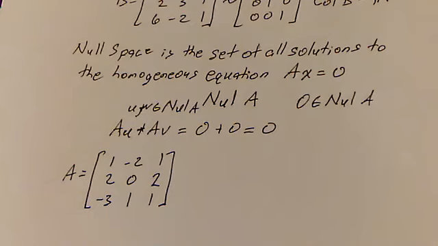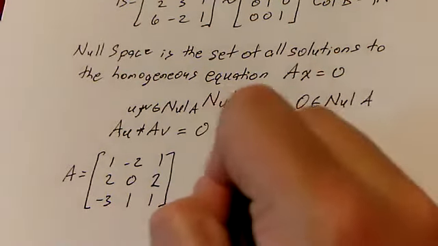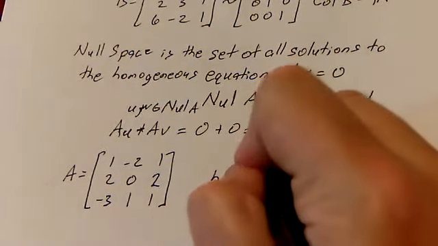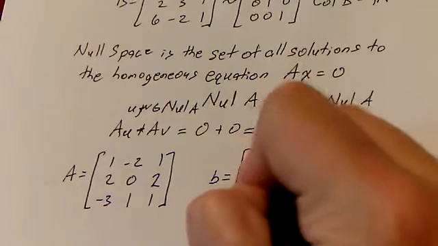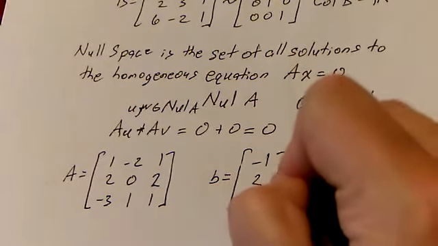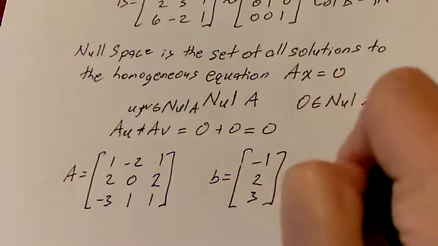As I look at that matrix, I want to do some row operations on it, maybe. But I want to know if B equal to negative 1, 2, 3, is B an element of the null space?